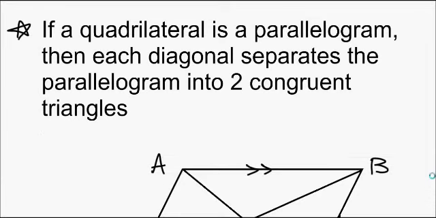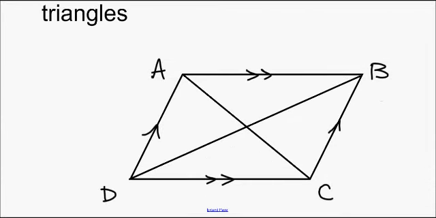And let's look at this here. So we have our parallelogram and the diagonal. So a diagonal goes from one corner to another corner, but not along the side, so through the inside.